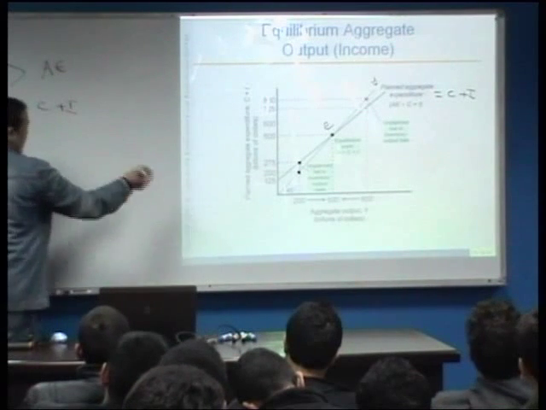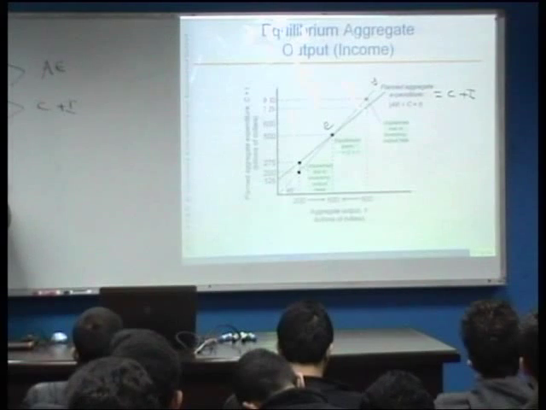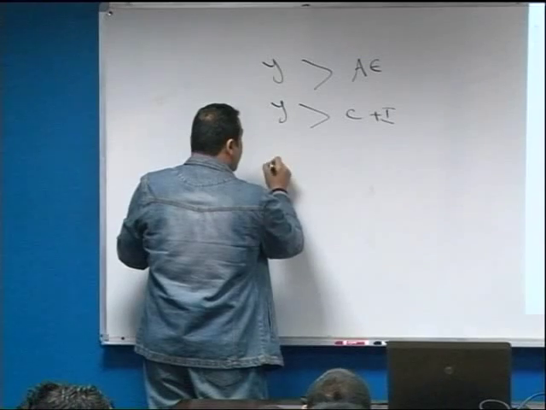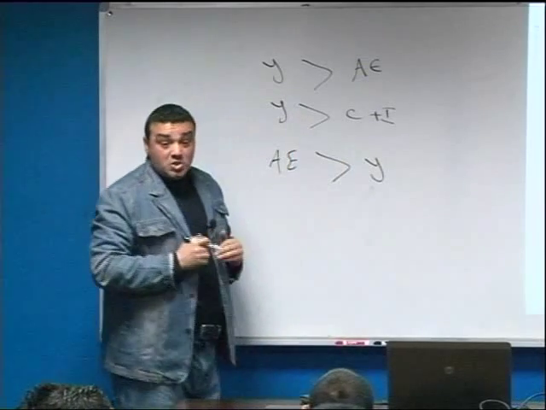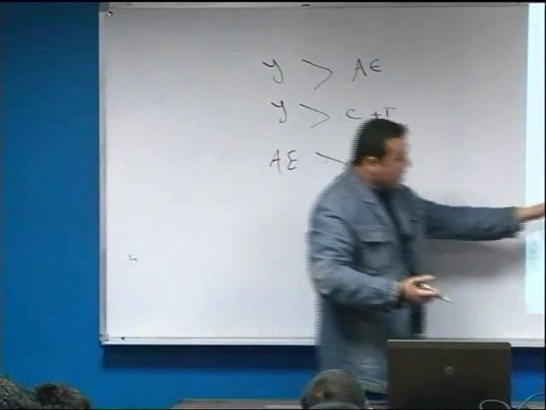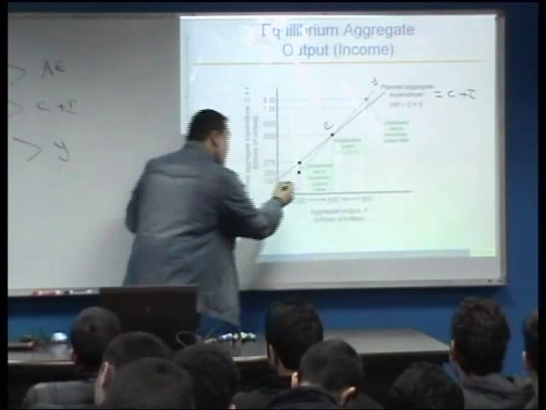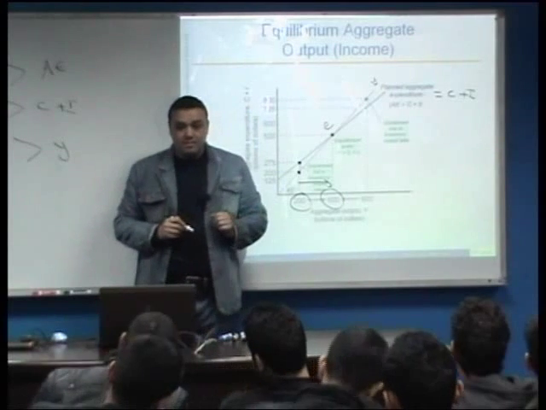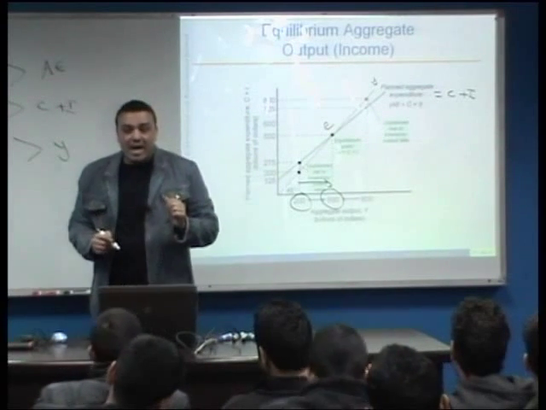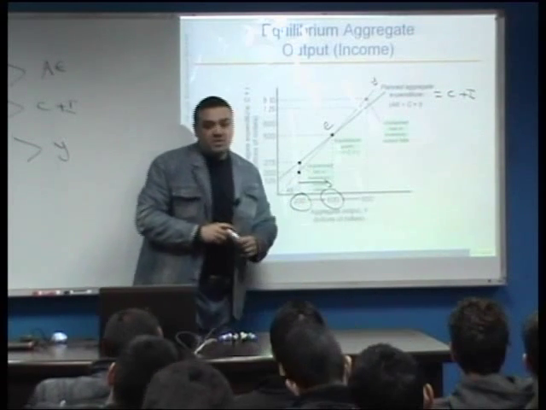So at the left hand, the planned aggregate expenditure is larger than Y. So to reach the equilibrium, Y should increase. So we have to increase Y from 200 here to 500, right? And we have a decline in the unplanned inventory.